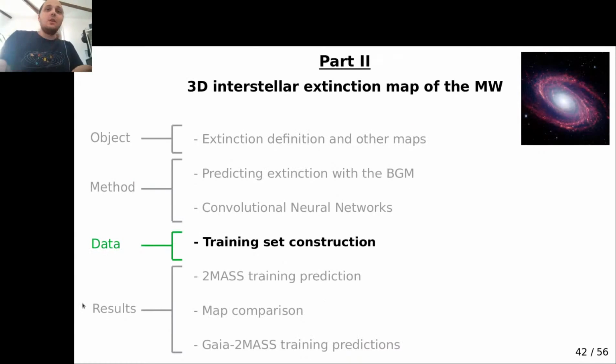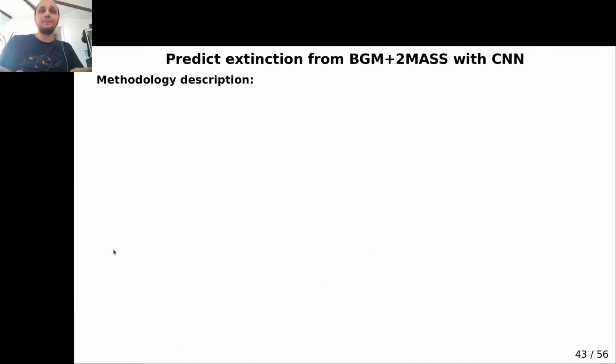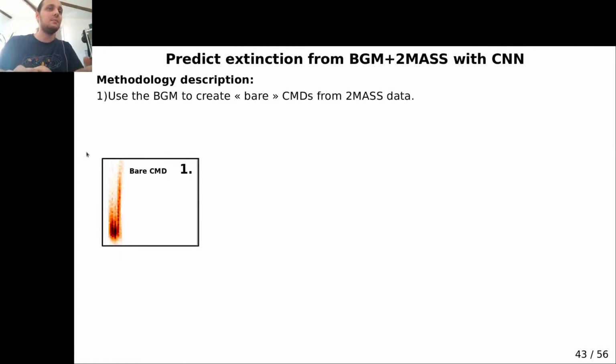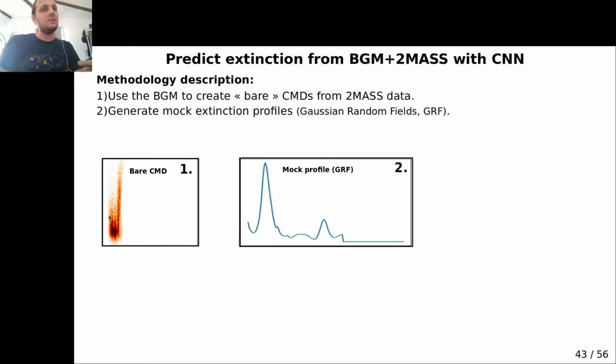Now I will explain how we constructed our training dataset for this study of the extinction map of the Milky Way. I will try to describe the global methodology in a few steps. First, we start by generating what we call a bare CMD using the Besançon galaxy model for 2MASS data, or for data that will correspond to 2MASS observations. Then from this bare CMD, we generate a mock extinction profile using Gaussian random fields.